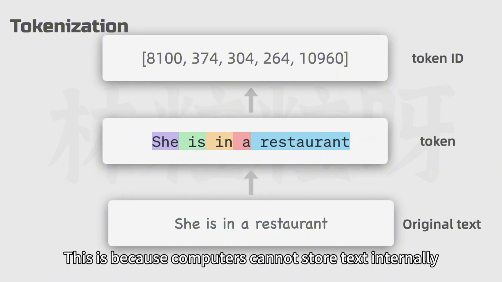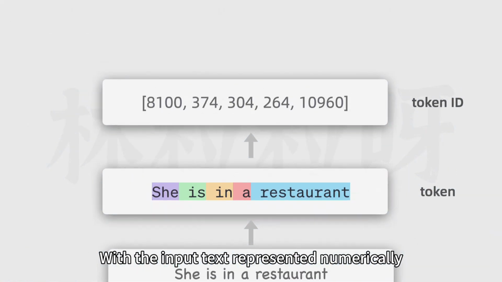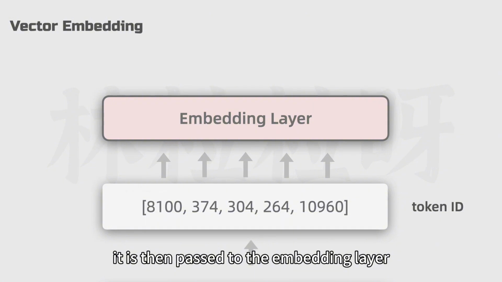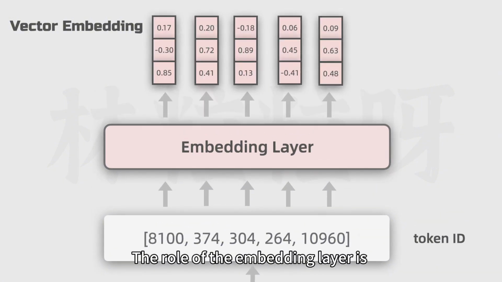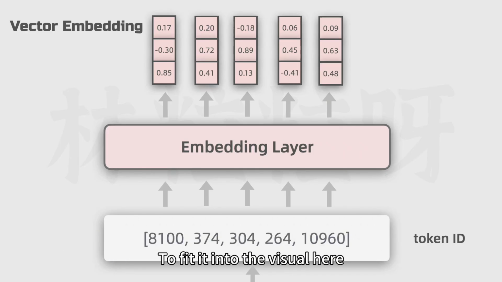This is because computers cannot store text internally. Any character must ultimately be represented by numbers. With the input text represented numerically, it is then passed to the embedding layer. The role of the embedding layer is to represent each token as a vector. A vector can be simply thought of as a series of numbers. To fit it into the visual here, the vector length is simplified to 3.